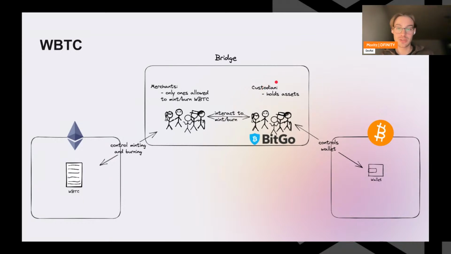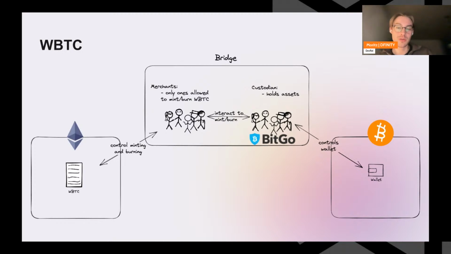There are the custodians that hold the assets, in that case Bitcoin, and there are the merchants, and those are the only ones that are allowed to mint or burn RepBTC. Usually when you go to the RepBitcoin website, they talk about custodians, but last time I checked, there is at least only a single custodian, that is BitGo, a single company that acts as the custodian of all the RepBTC that are out there.